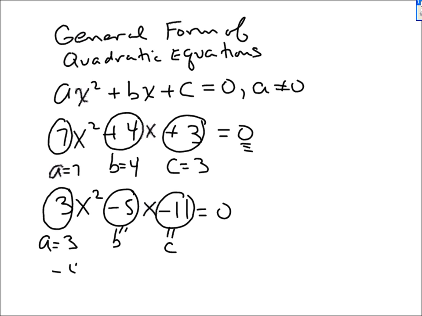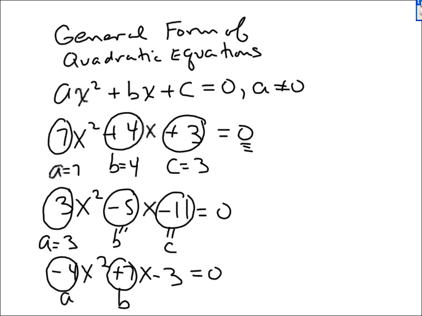So you have negative 4x squared plus 7x minus 3 equals 0. That's a. What's being multiplied by x is b, and the constant is c. And a is what x squared is being multiplied by.